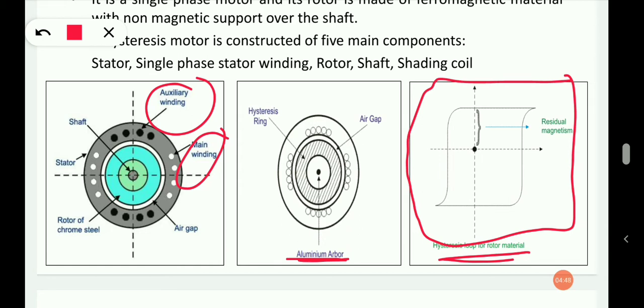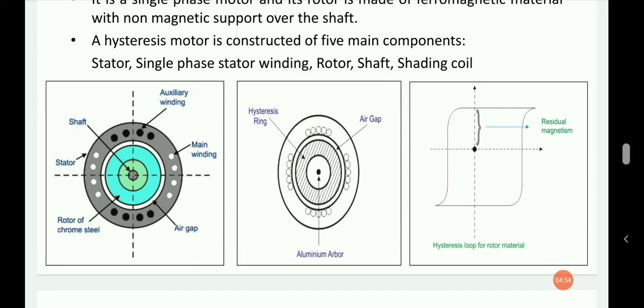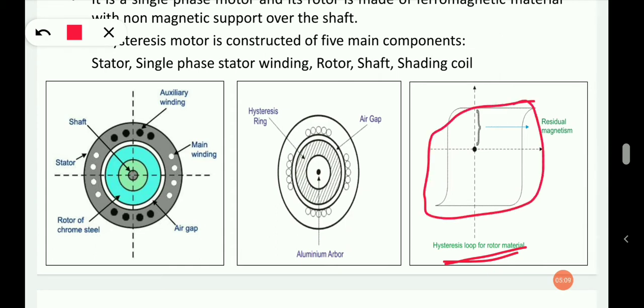So there are two main parts, one is stator and rotor. Here the rotor has large area of hysteresis loop. Here hysteresis loop for rotor material is given, and this loop is very high, therefore hysteresis loss is more.